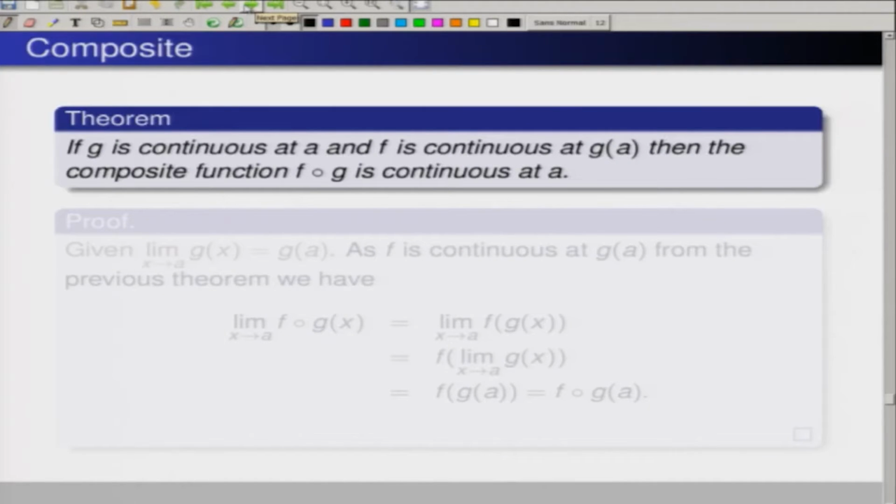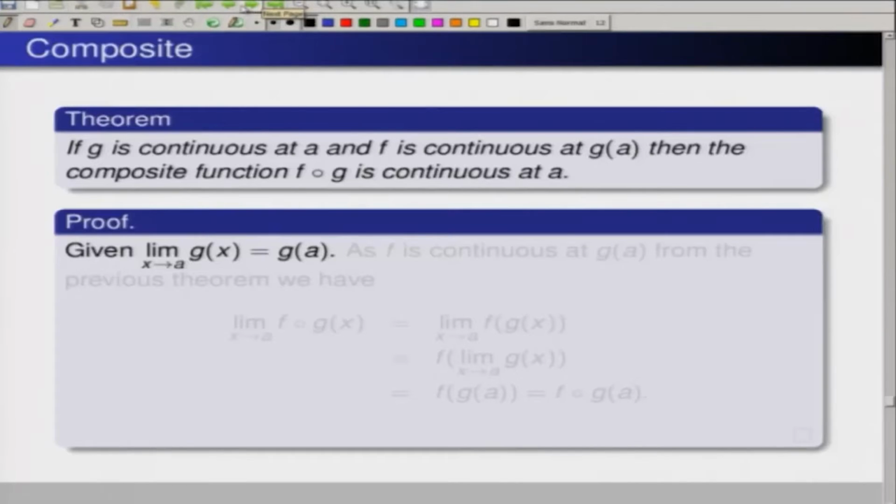If g is a continuous function at a and f is continuous at g(a), then, in order to define the composite function, the range of g has to be in the domain of f. So, if g is continuous at a and f is continuous at g(a), then the composite function f∘g is continuous at a.